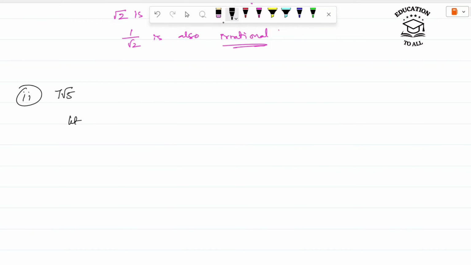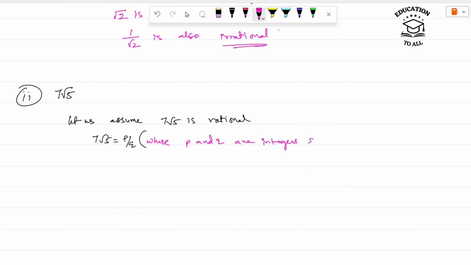Root 5. Statement 1. Let us assume 7 root 5 is rational. Then I can express 7 root 5 is equal to p by q, where p and q are integers and co-primes.